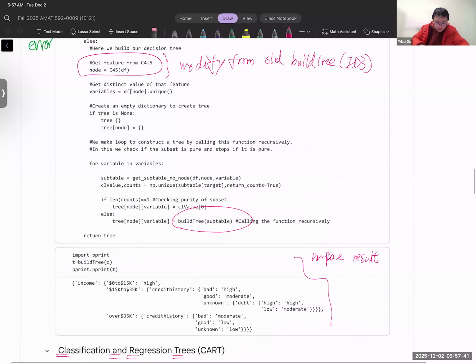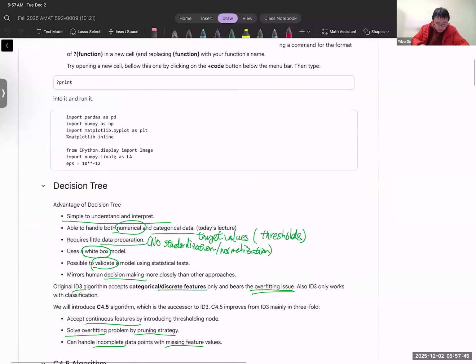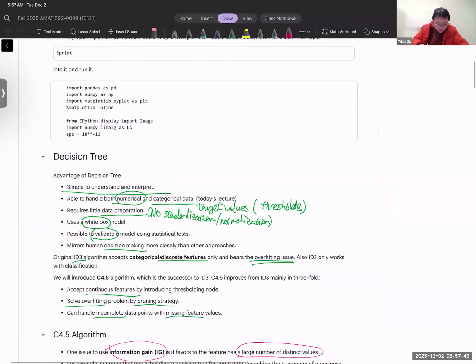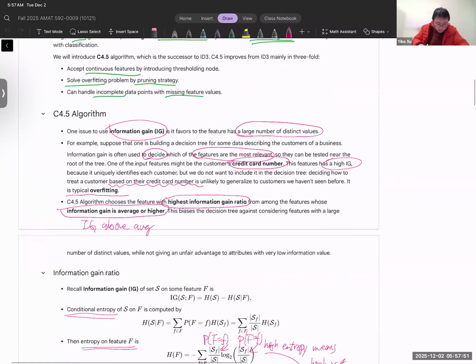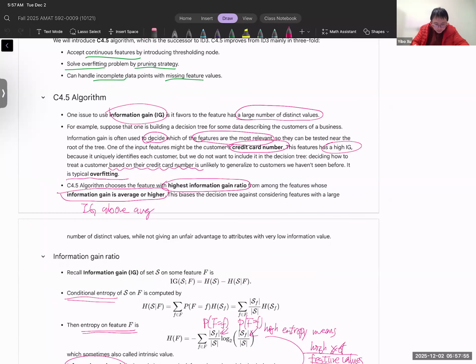So currently, let's quickly go back to the idea. Basically, we're setting up a tree. When we talk about the ID3 algorithm, this is a little bit different. The ID3 algorithm handles discrete feature targets.